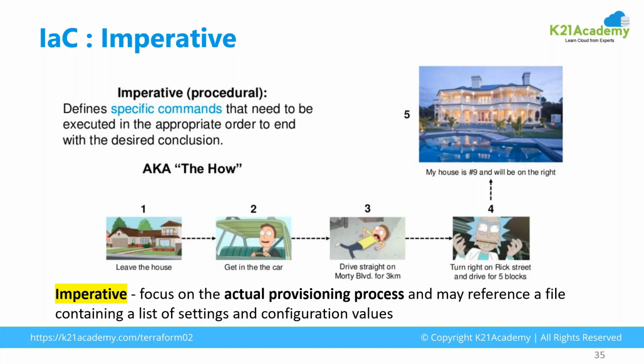That means how I have to reach the destination, that complete path needs to be defined. That is what imperative means, which deals with how you are going to attain the end result.